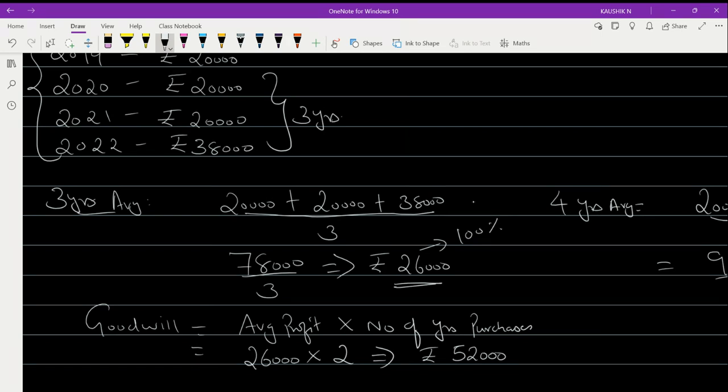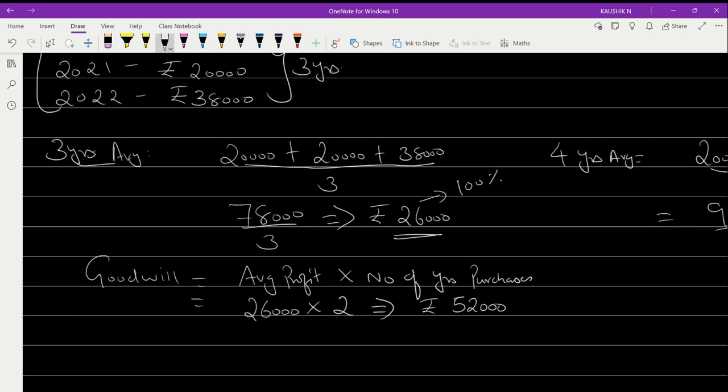Now whichever is higher, the 3 years value is higher. So exactly 26,000 will be the goodwill, if the question is mentioned in such a way that goodwill is to be valued at 100 percentage of average annual profit. But in my case, I gave you that goodwill has been valued at 2 years purchase.